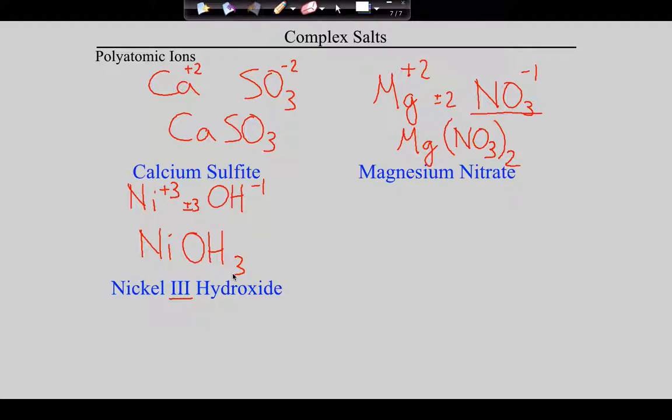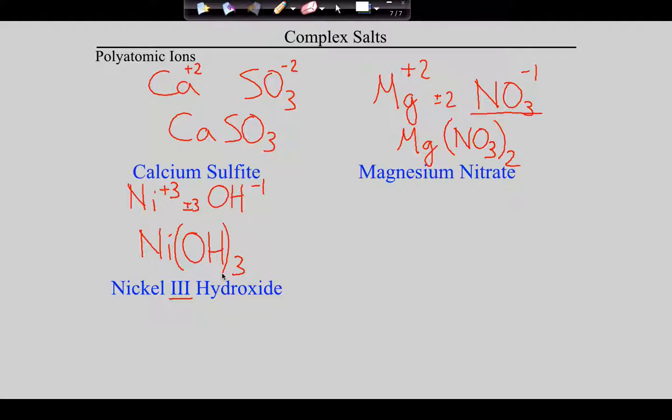If we write it like this, that only gives us 1 oxygen and 3 hydrogens. And we don't want 1 oxygen and 3 hydrogens. We want 3 of the entire OH. And so as a result, this entire thing needs to be in parentheses. And now we have 3 of not just the hydrogen, but the entire hydroxide ion.